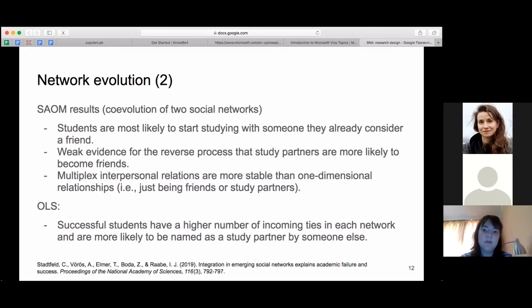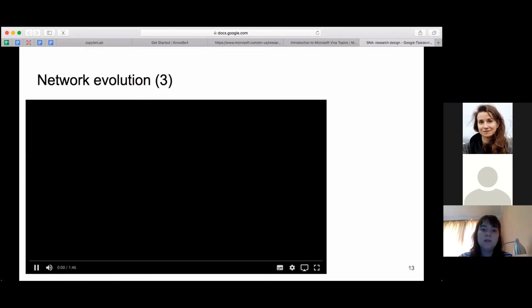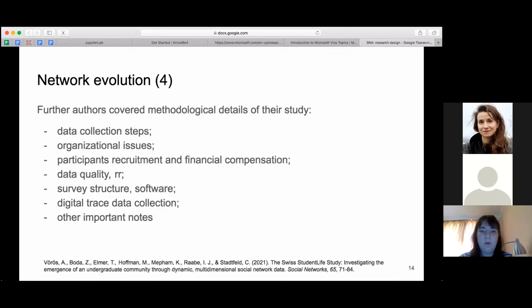If you are socially integrated, you are more likely to be socially integrated in both the study network and the friendship network. But we do not actually know whether these mechanisms work beyond this given community. Maybe ETH Zurich is one very special case.